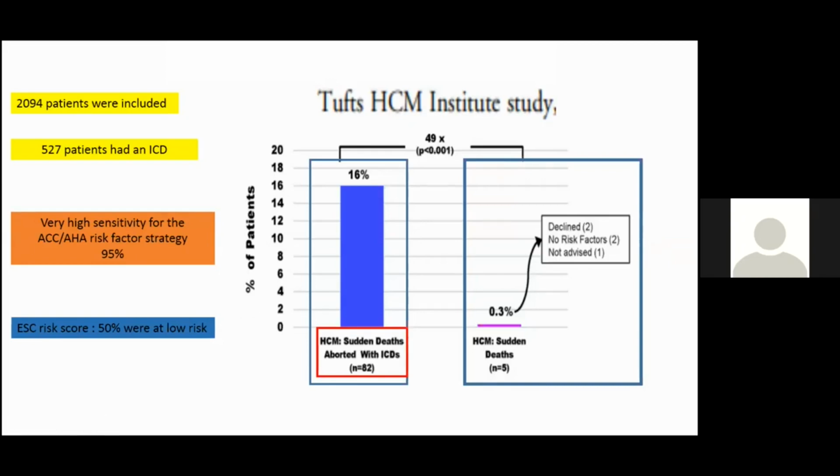They retrospectively used the USC risk score on these 82 patients in order to assess its performance, and almost 50% of the 82 patients were classified as low risk according to the USC risk score, which means that if we used the USC risk score for these patients, many of them would have died because of its low sensitivity in identifying high-risk patients.